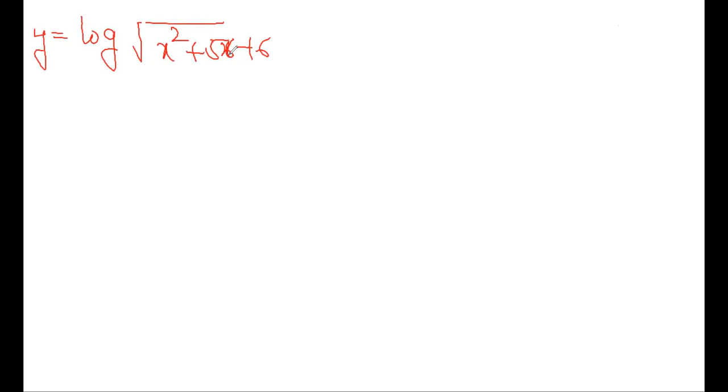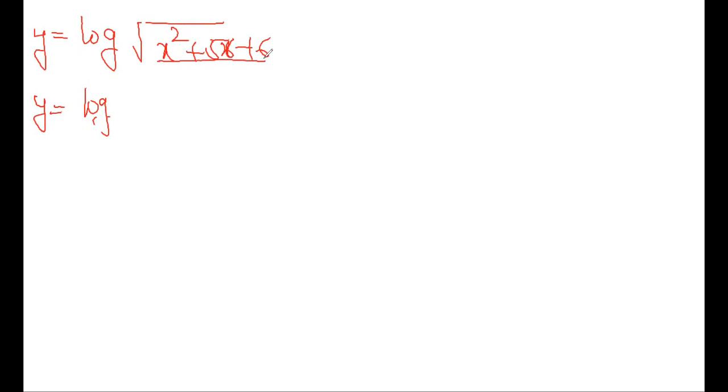First we take y is equal to log of the square root of that. The root means the power 1 by 2, which I write here. So y is equal to log of x square plus 5x plus 6.